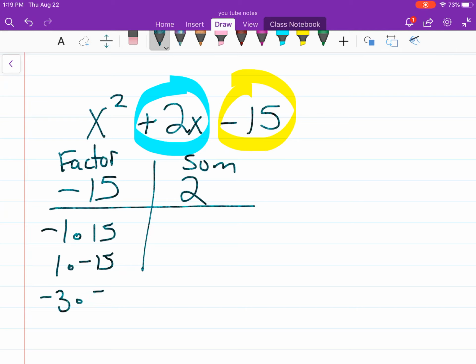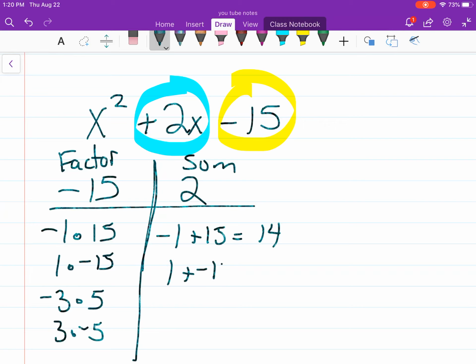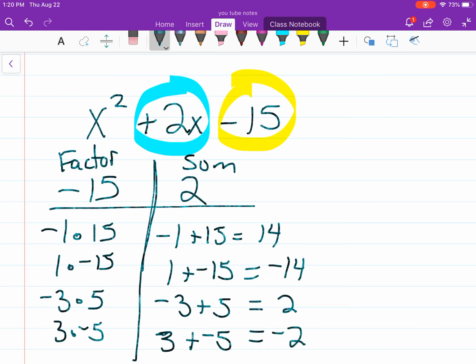Negative 3 times 5, and 3 times negative 5. Negative 1 plus 15 gives me 14. Positive 1 plus negative 15 gives me negative 14. Negative 3 plus 5 gives me 2, and 3 plus negative 5 gives me negative 2.